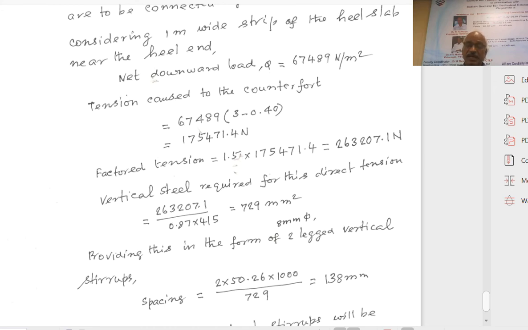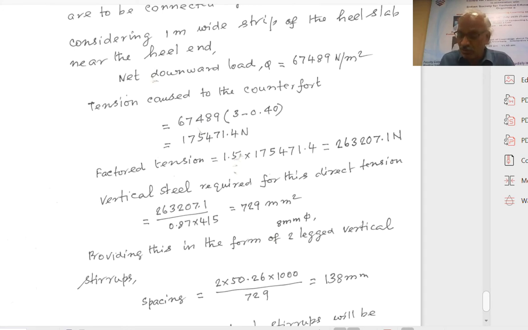So providing this again in the form of 8 mm diameter, 2-legged vertical stirrups. Spacing is equal to area of bar available in every cross section, 2 times 50.26, that is 2 into pi by 4 into 8 square, into 1000 by AST required. AST required is 729.